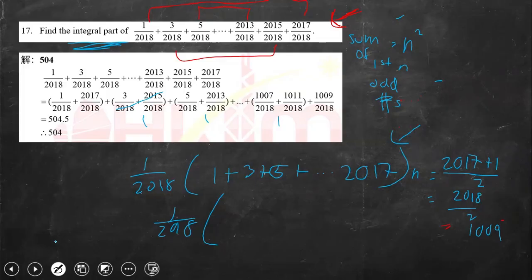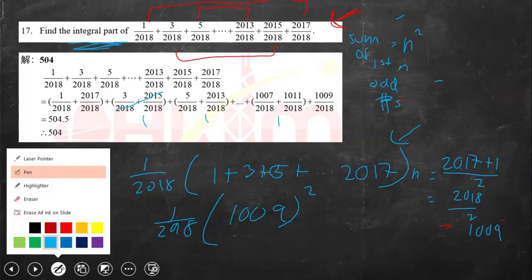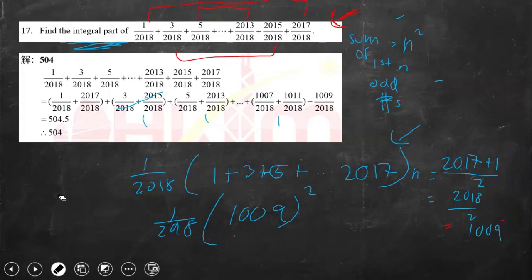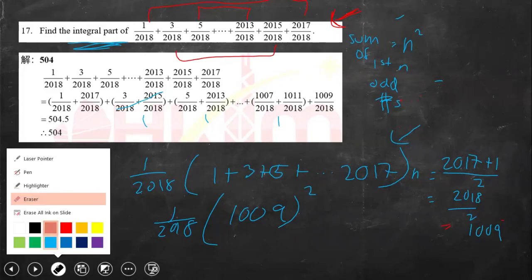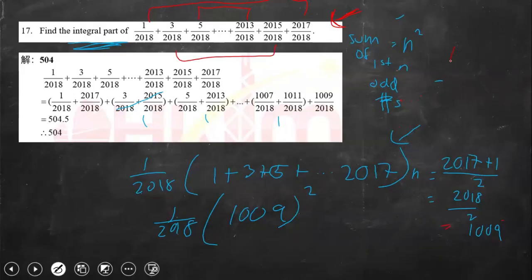Am I missing something? Okay, wait a minute. First n odd numbers. What happened? 3 squared.